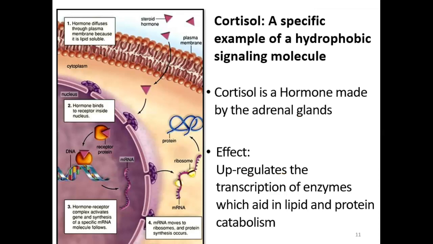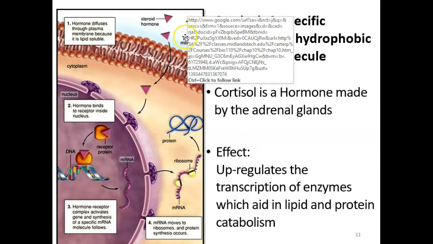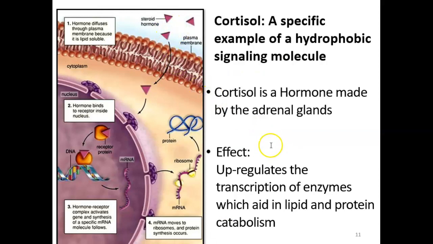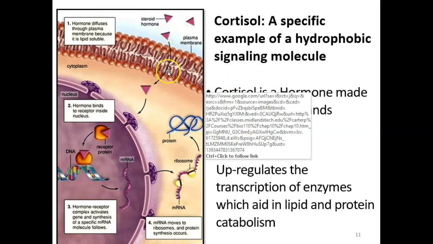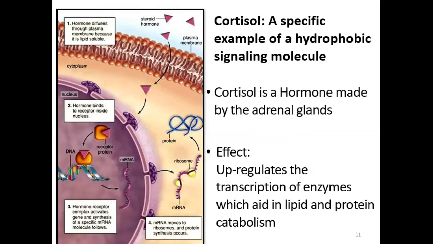Looking at cortisol as a specific example of a hydrophobic ligand that binds to an intracellular receptor, we can see that the steroid hormone, or cortisol, actually can go through the cell membrane, shown here as the triangular molecule, and go through a nuclear pore to reach the intracellular receptor.